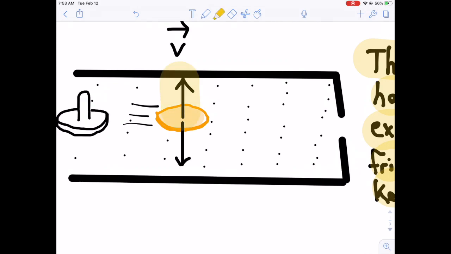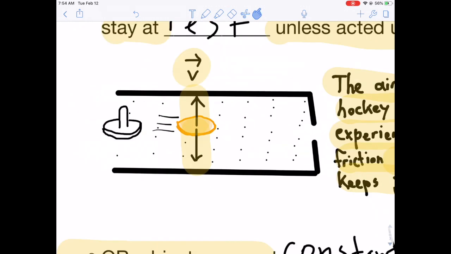But those arrows are the same length, so those forces are balanced. And it will just experience this constant velocity here. It's not going to speed up or slow down because we're assuming that on this hockey table there's no force of friction slowing this thing down.